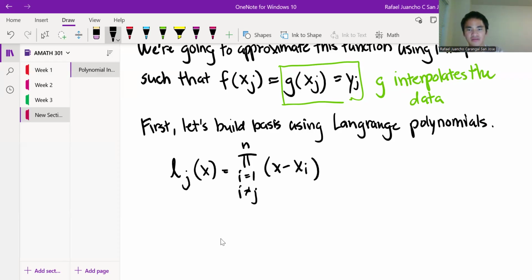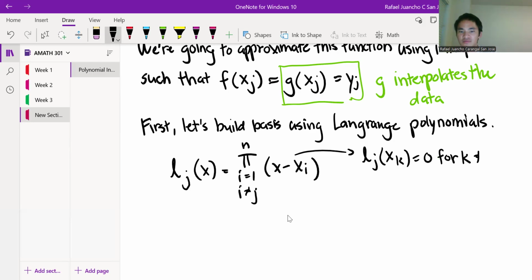And then we get our Lagrange L_j of x_k equal to 0 for k not equal to j, right?